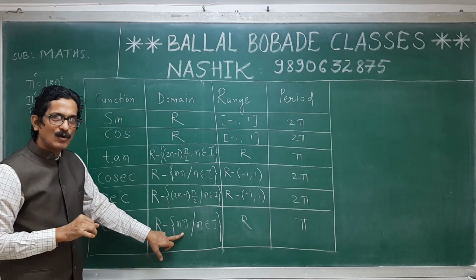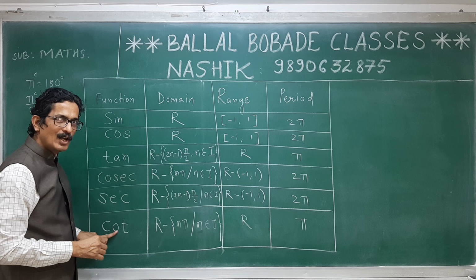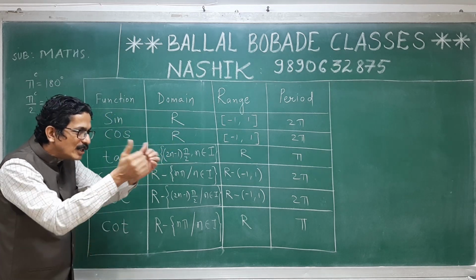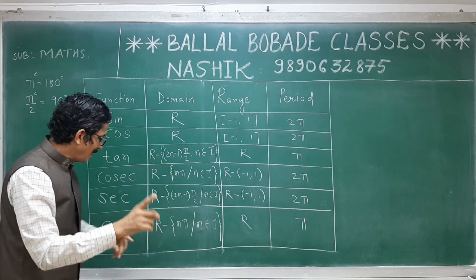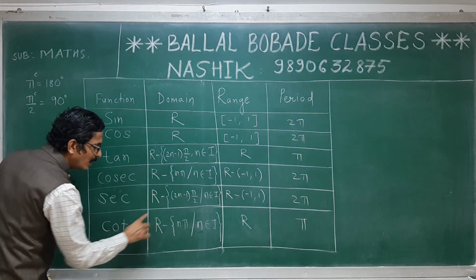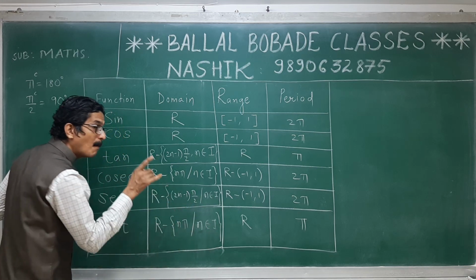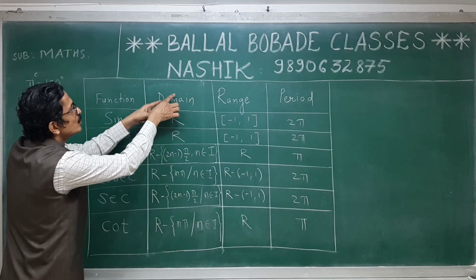What is sine 0? 0. What is cot theta? Cot is cos upon sine. You will not allow the denominator to be 0 because it will give answer infinity, and therefore cot theta cannot be anything which is a multiple of pi. Pi is 180. So R minus this is its domain.